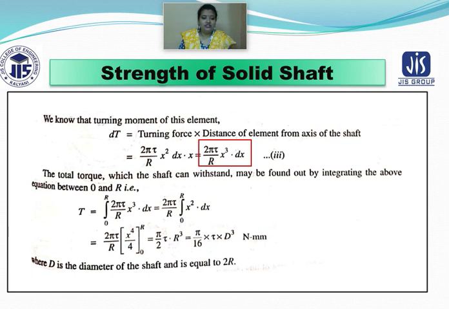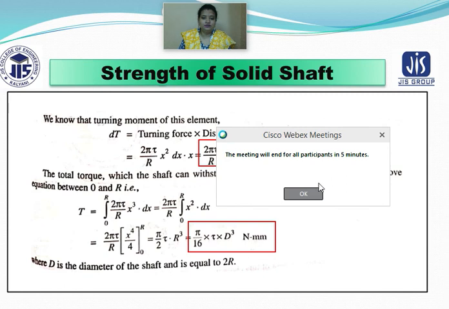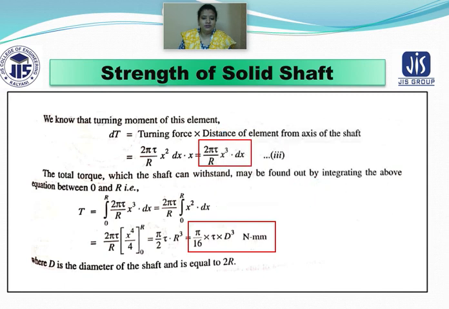To obtain the total torque induced in this shaft, you have to integrate, and integrating this turning moment you get pi by 16 into tau into d cube. This is your total torque.